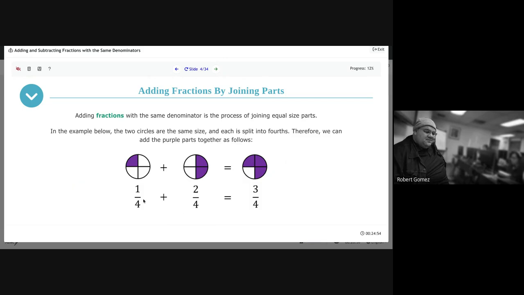Once again, because we have four identical spaces in each tray, we're able to put them together. Not a problem. And how we did that is we just added the number of pops together. On this tray, we had two pops, we had one pop here, and so we just put the total number of pops on top, and then we put our spaces here on the bottom.